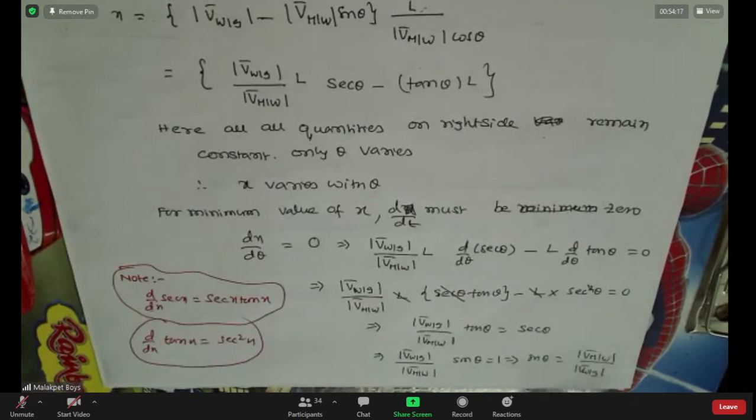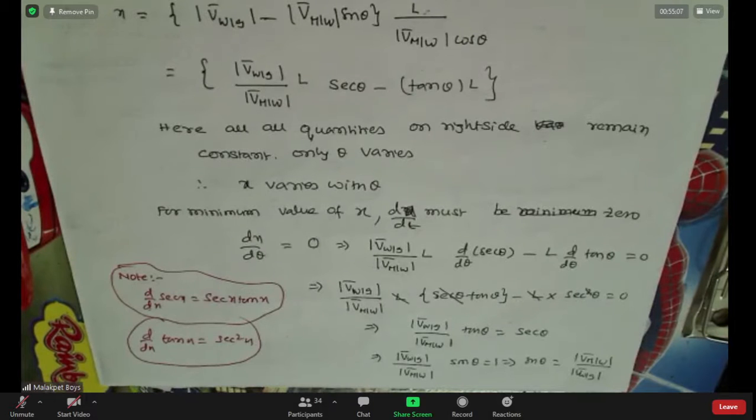So this will become 1 by n here. 1 by n is less than 1, no?